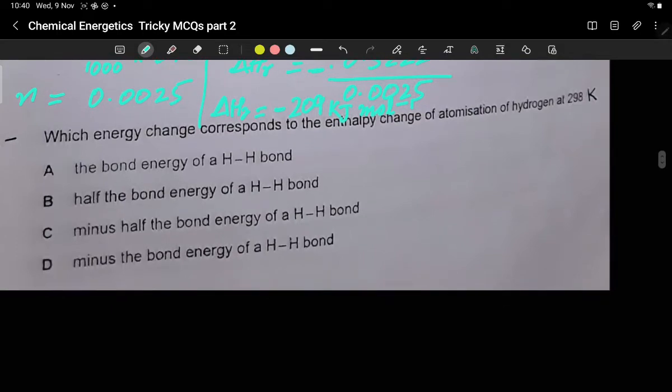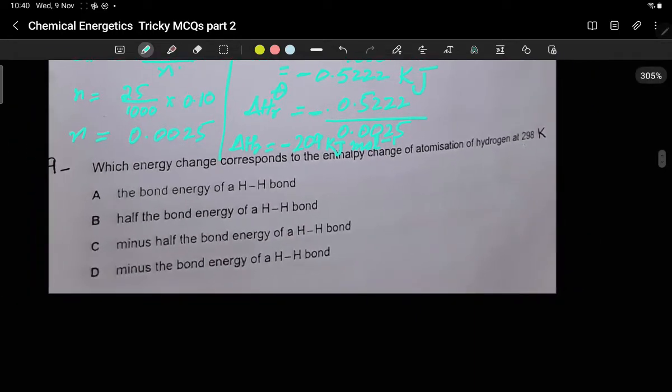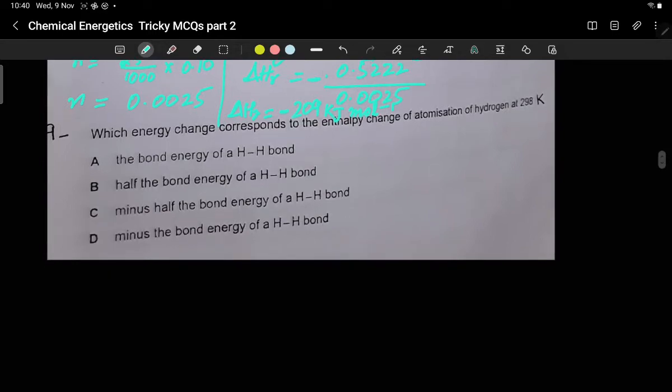Which energy change corresponds to the enthalpy change of atomization of hydrogen at 298 Kelvin? The bond energy, as we have discussed in class: the enthalpy change of atomization of a diatomic element. This is a very important point to note down.